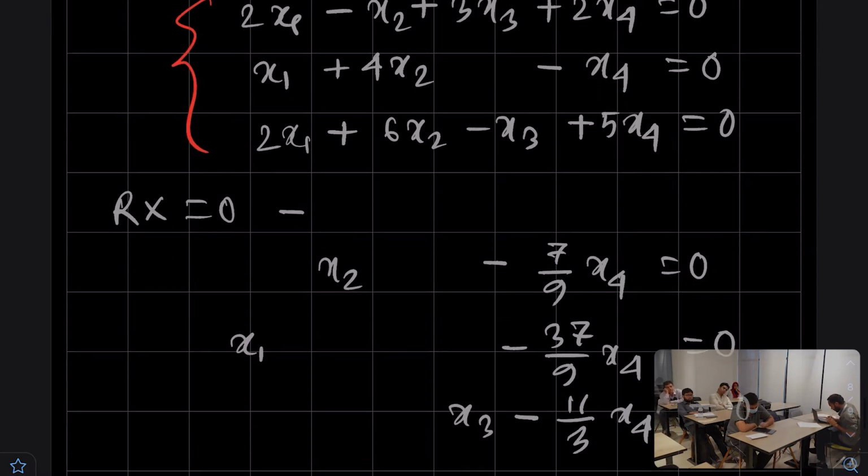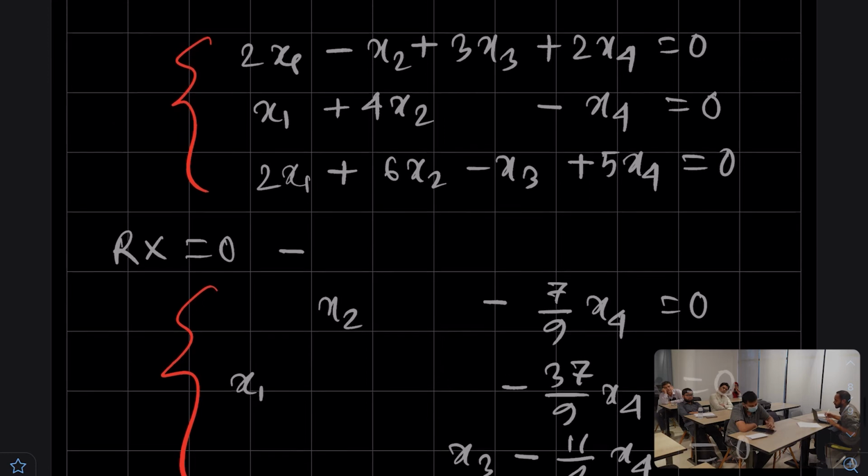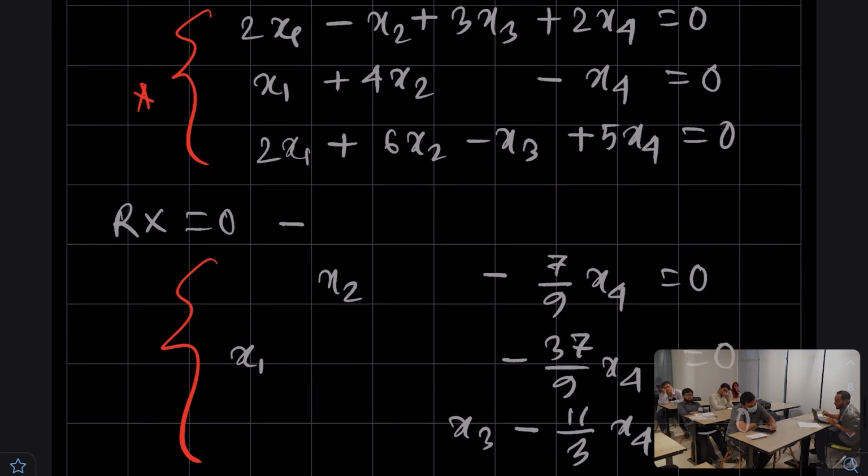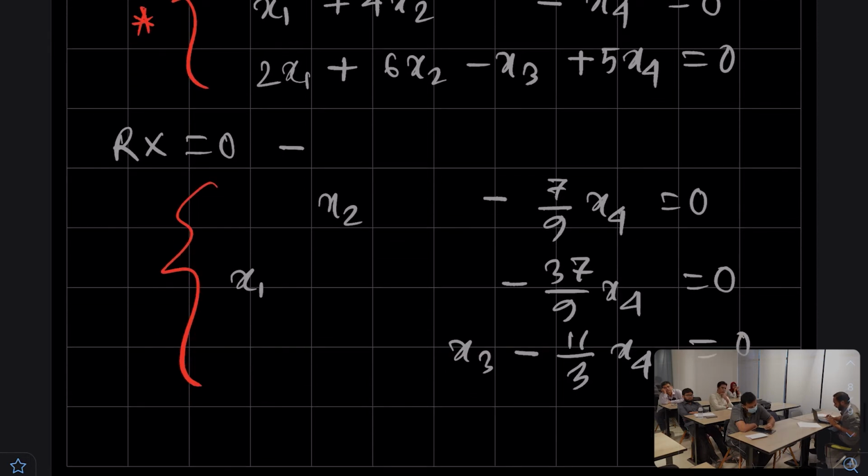Now, if you just look at this system of equations, it is not easy to say what the solutions are, because this is a complicated system. But looking at this system, you can easily say that x2 is equal to 7 over 9 x4, and x1 is equal to minus 37 over 9 x4, and x3 is equal to 11 over 3 x4.